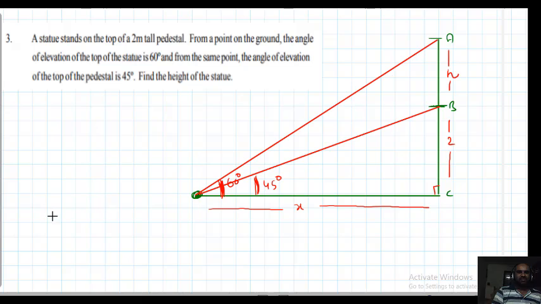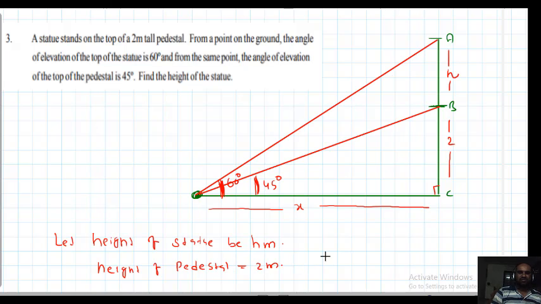So actually we need to write steps. Let height of statue be h meters. Height of pedestal equal to 2 meters.